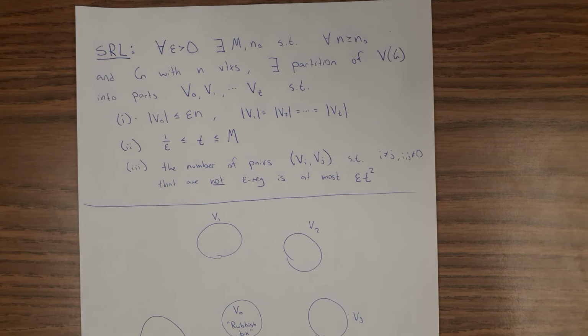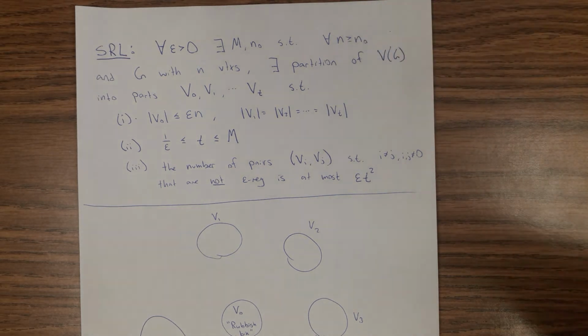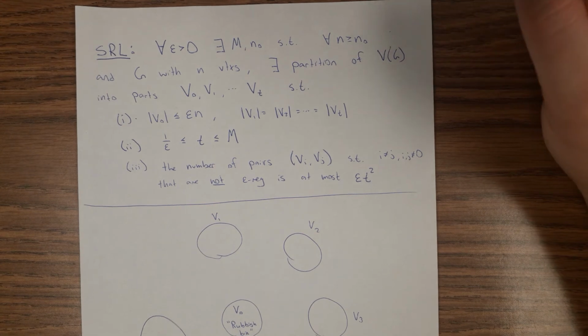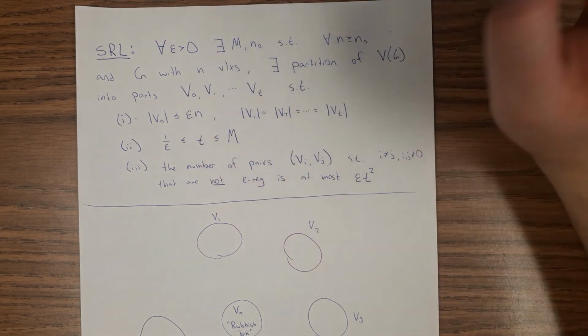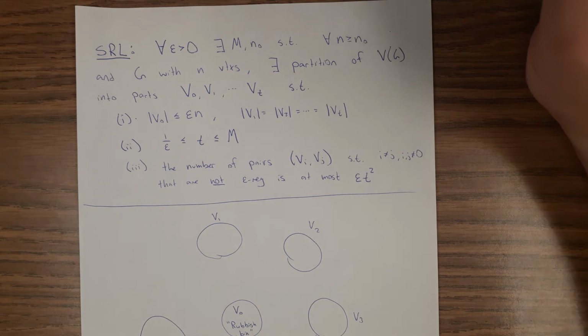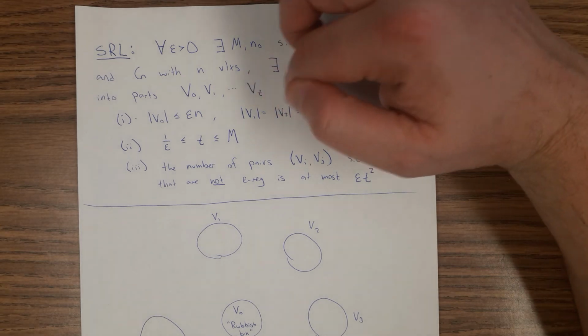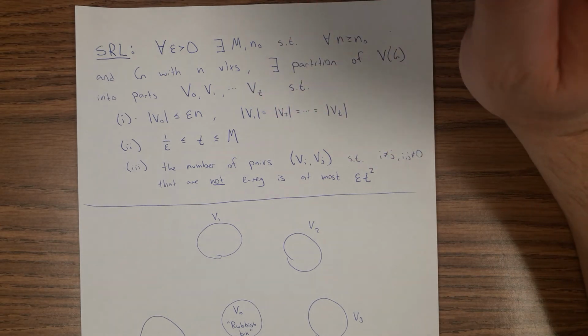For all positive epsilon, there exists a capital M and an N naught, such that for all n greater than N naught, if you have a graph with n vertices, there's a partition of the vertices into t plus 1 parts, so you have V naught through V t, and they satisfy the following properties.